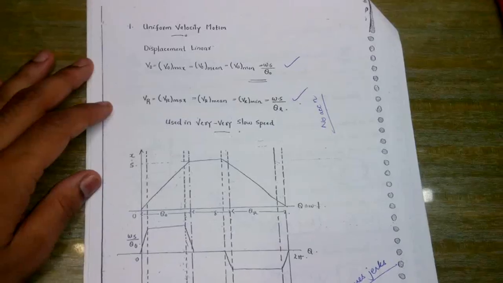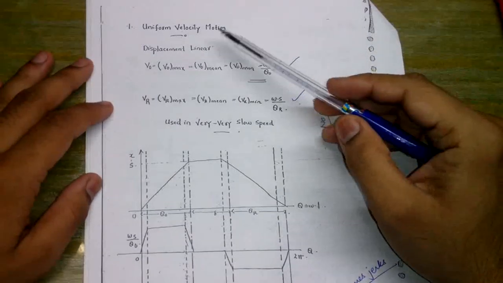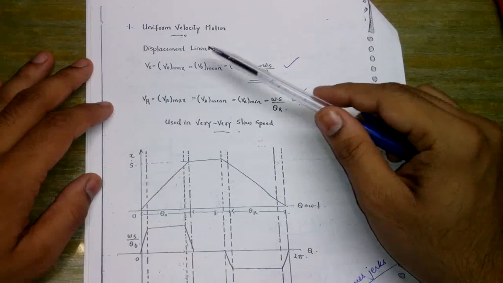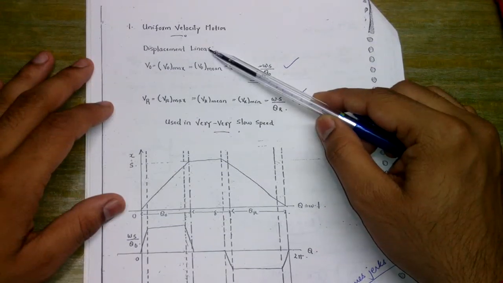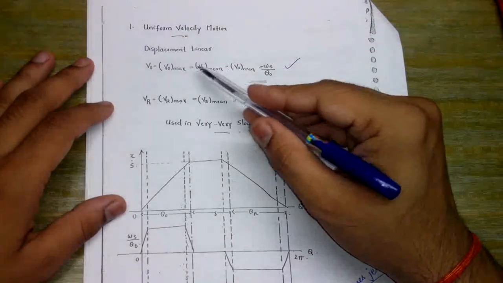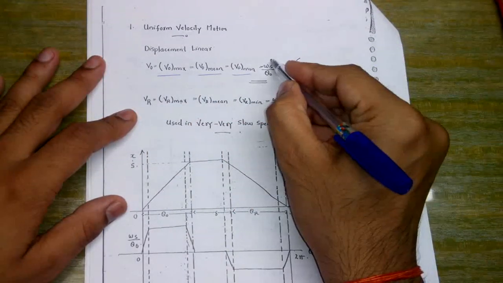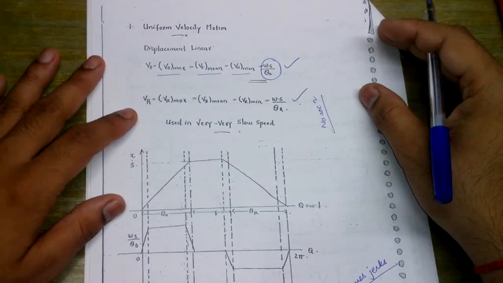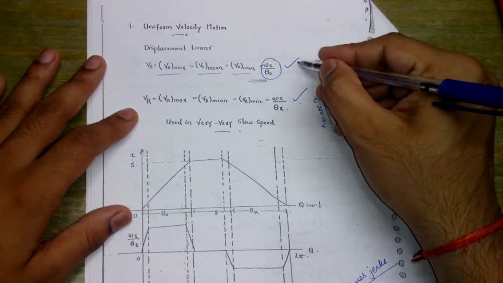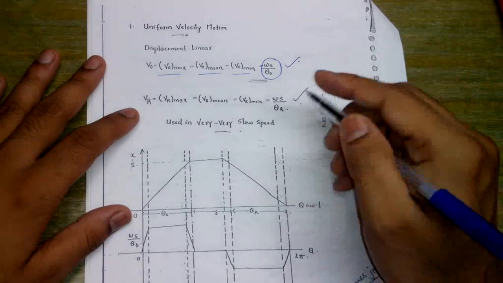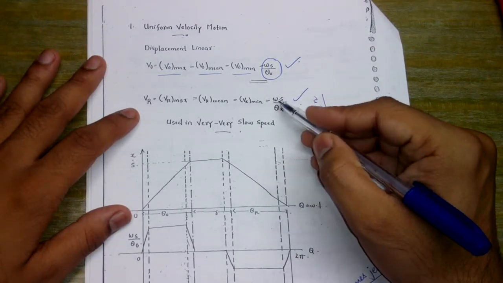Okay. Now the first type of motion is the uniform velocity motion, such that the displacement here is actually linear, and the v max and the v mean is simply equal to omega s upon theta naught. This is during the outstroke, and during the return stroke it is omega s upon theta r.